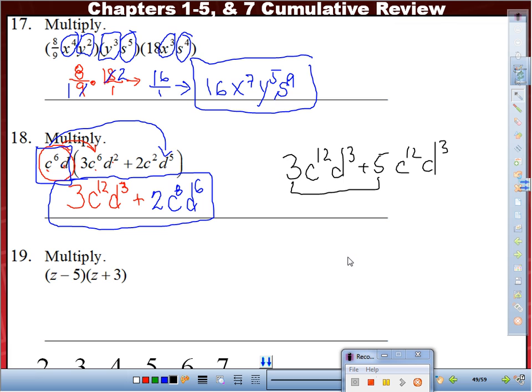So what is 3 plus 5? 8. So then in this case we would combine and we just write 8c to the 12 d cubed. That's the only time we can combine, when they have the exact same variables, exact same exponents. Okay? But since this is not the case here, that's why we don't combine them. Okay? Number 19.